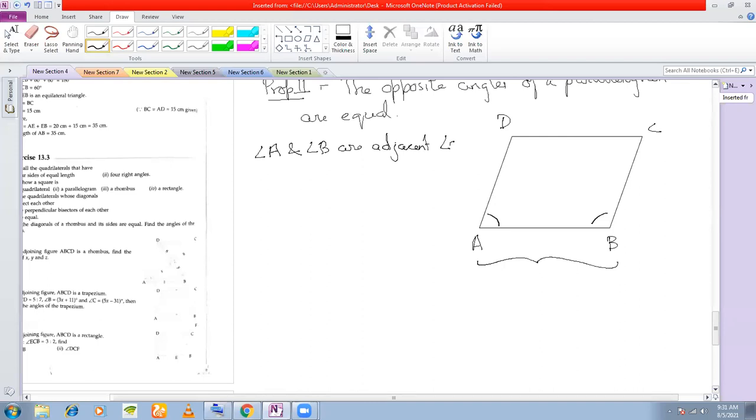Now look at angle B and angle C. Which side is common to these two angles? This one. Therefore, we say angle B and angle C are adjacent angles.